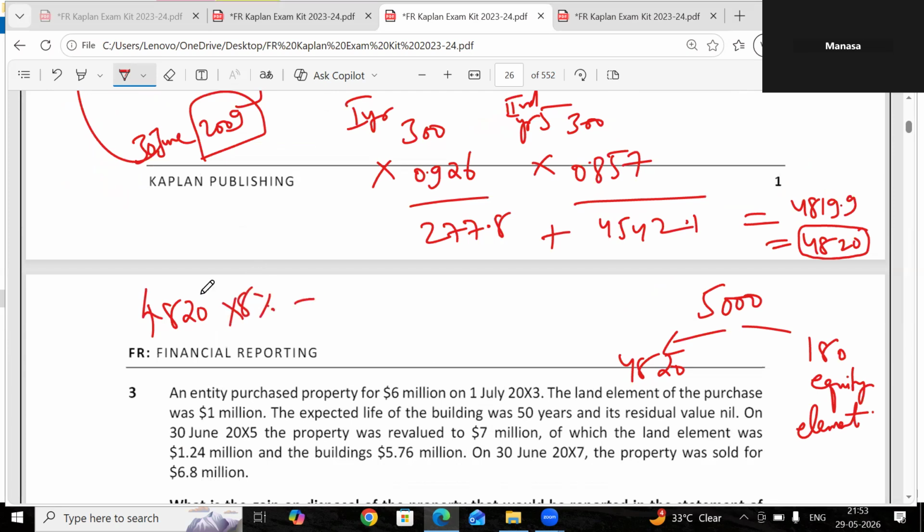My liability is this much, right? 6% shows the coupon payment, but 8%, the effective rate of interest, I multiply with this, and it shows me what my interest expense is. Yes or no, Mansa?